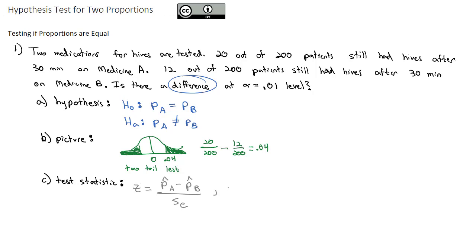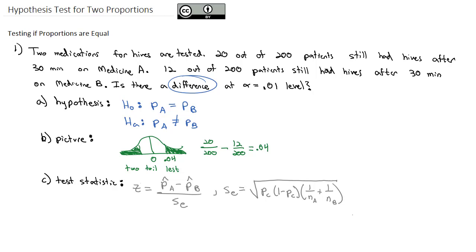Now, the standard error formula is different as well. The standard error formula is going to be the square root, this big long square root, of p sub c, which we're going to call the pooled proportion, times 1 minus p sub c, times 1 over the first sample size, plus 1 over the second sample size.